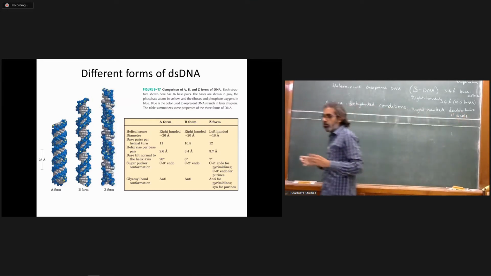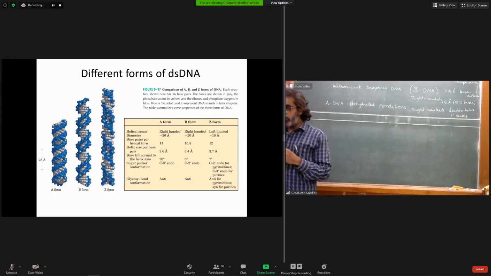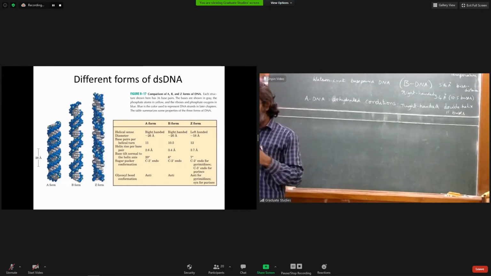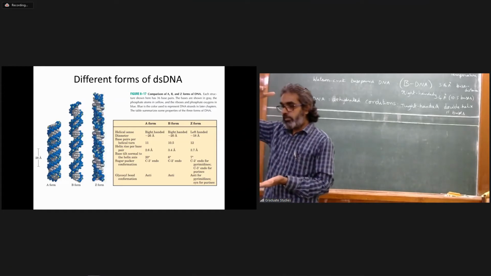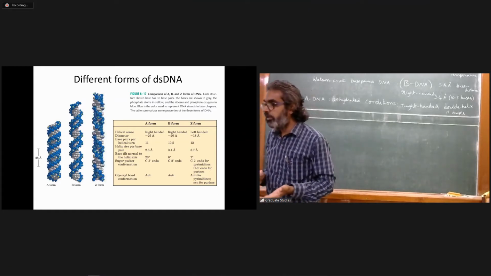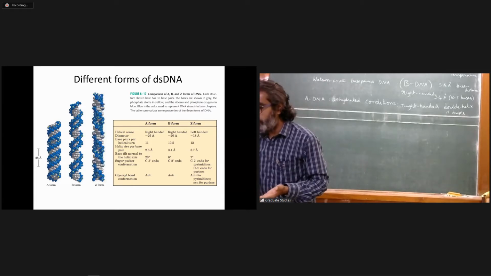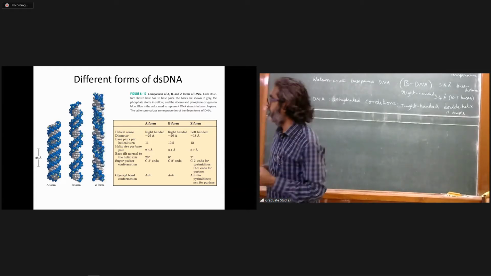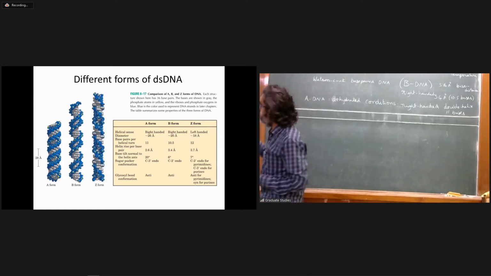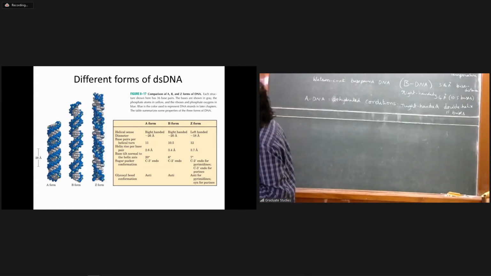However, this helix bulges, which means the diameter is increased, and at the same time it can be compressed. What is shown here are 3 structures, A form, B form, and Z form, for 36 base pairs. The B form has a certain length along the Z axis.